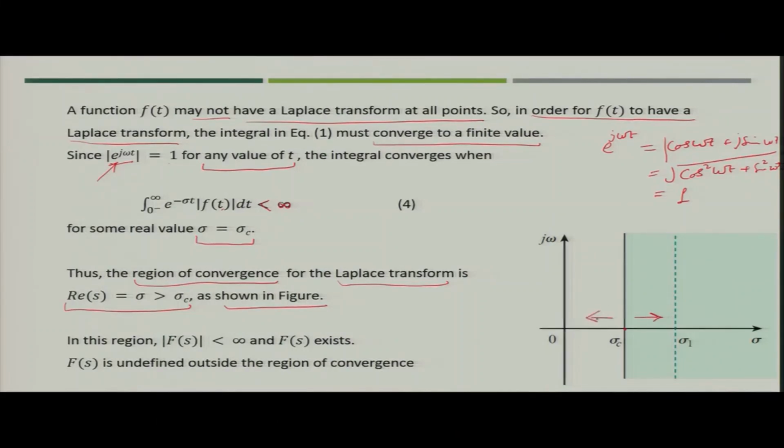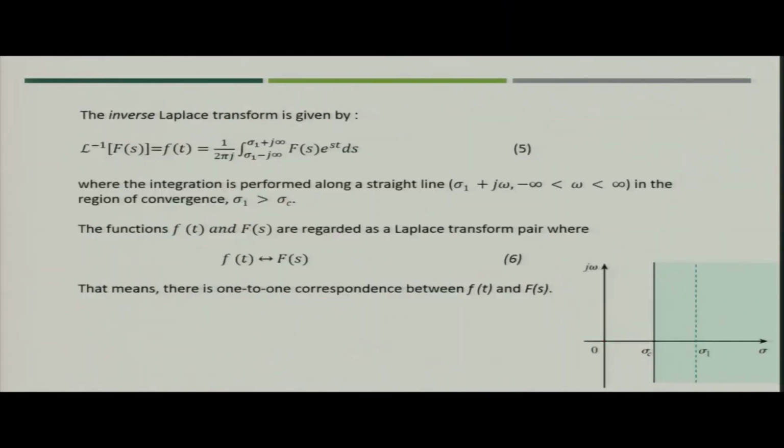For the left side, the solution will not converge, so the Laplace transform will not exist. So we can say that if mod of F(s) is less than infinity, the solution exists, and for the rest of the region outside it, the solution will not converge, and therefore the Laplace transform will not exist in that region.